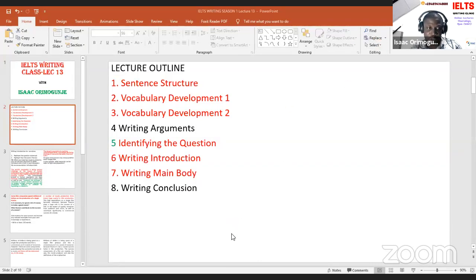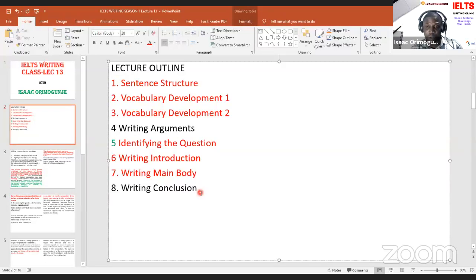Some essays do not need you to write argument, whereas some essays you need to write argument. So today we'll be going into writing conclusion, and possibly I'm going to be bringing in another question so that we can treat the question, and then so that we'll be able to have a good knowledge of how to write an essay from the beginning again.